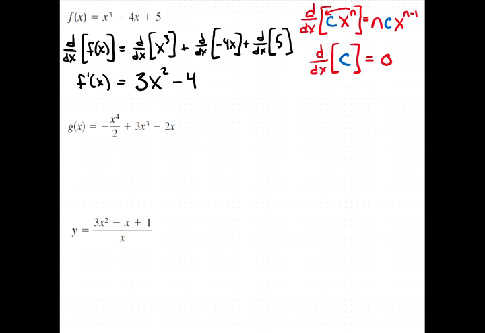So right now we have x to the power of 1. If that power drops by 1 to 0, x to the 0 is equal to 1. So actually, let's just put x to the 0. And the derivative of 5 is 0. Okay, so when we simplify that, that's 3x to the second power minus 4.